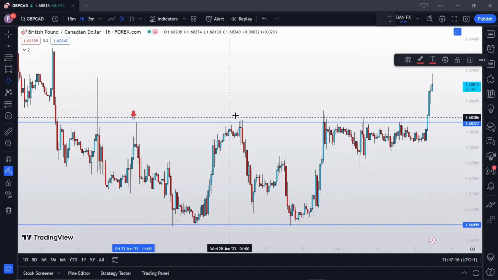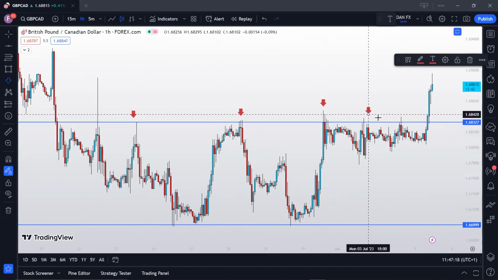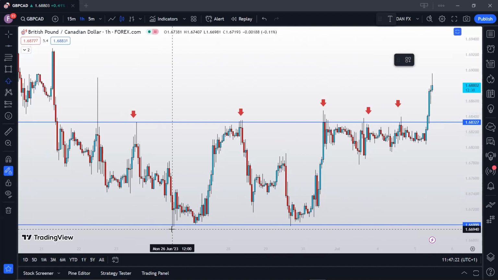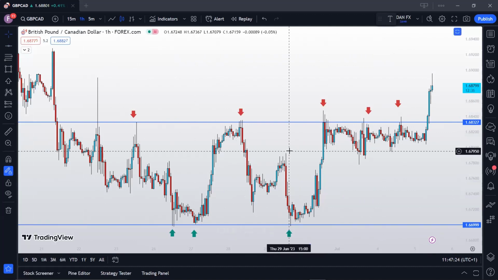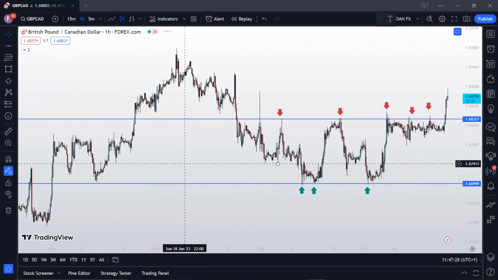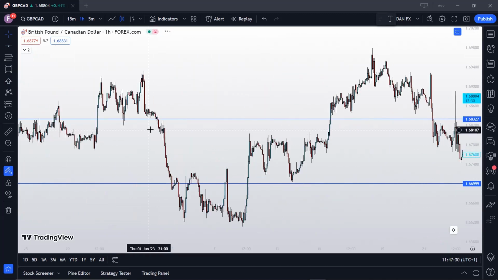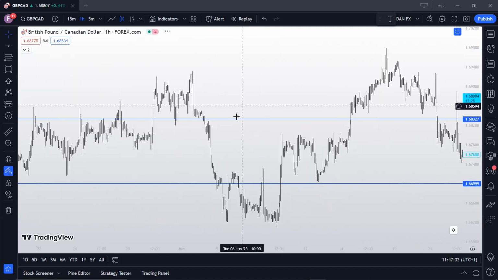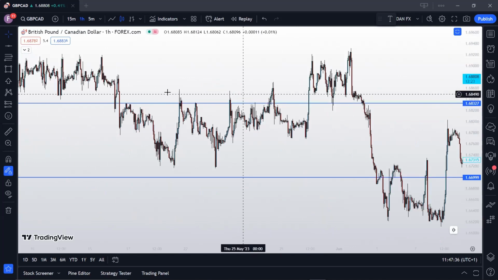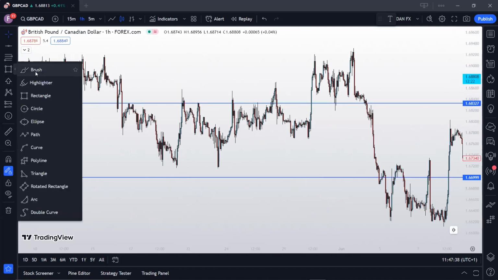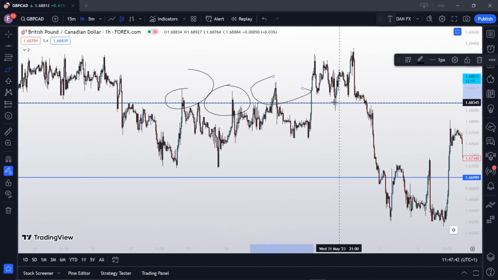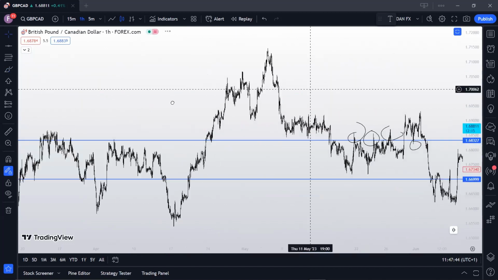The first tap, second tap, third tap, fourth tap, fifth tap, and then on the supports we have our first tap, second tap, third tap, right? So this is how support and resistance works. And if you go to the previous price points, you can see that those areas might also have acted as support and resistance in the past too, like here, here, here, right, and here. So that's how support and resistance works.